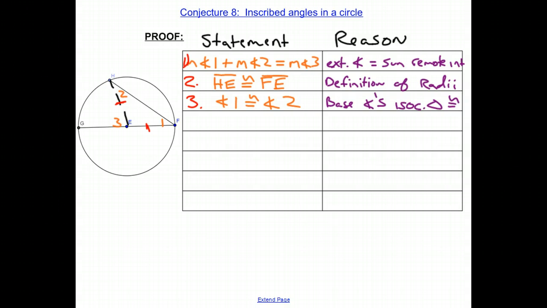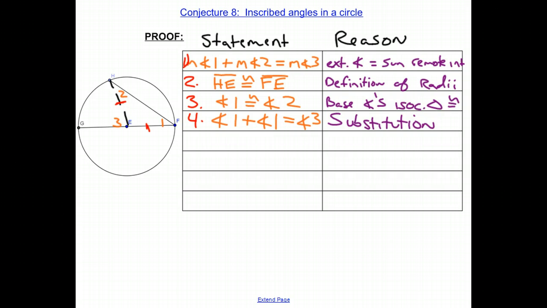Okay, and what does that tell us? Well, we can go back to step 1 and see that angle 1 plus angle 2 equals angle 3. Well, if angle 1 and angle 2 are the same, we can now say that angle 1 plus angle 1 equals angle 3. And of course, our reason for saying that, we can use substitution.